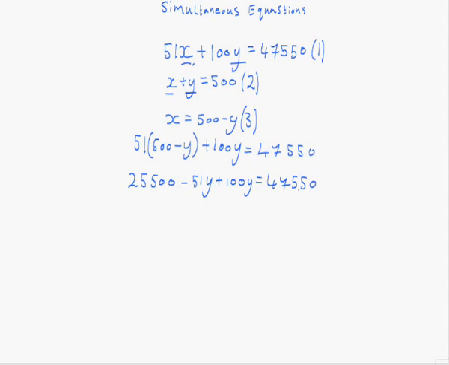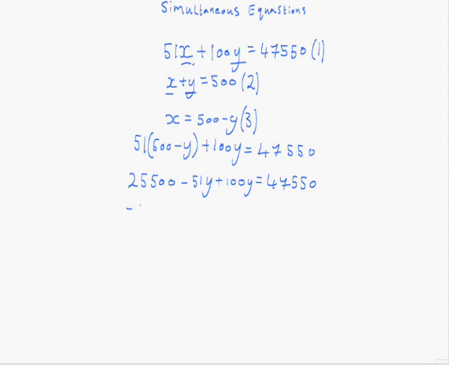47,550. Now, we want to get all like terms on one side and all the others on the other side of the equals. Since we've got two y terms on the left-hand side, it's simplest to subtract 25,500 from the left-hand side and right-hand side, which will give only y terms on the left-hand side.